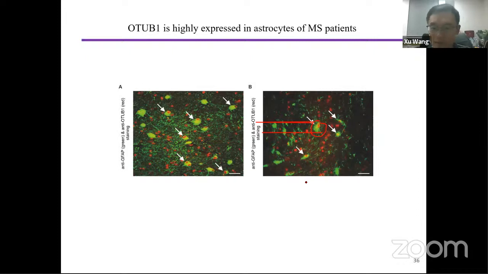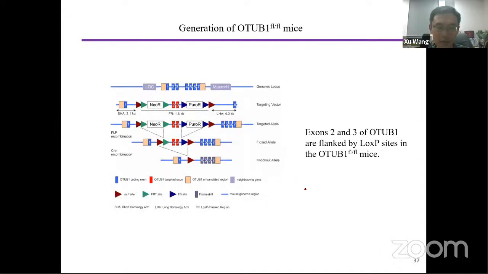To study the function of OTUB1 in multiple sclerosis, we will use animal models because we cannot do experiments directly on humans. To study the function of OTUB1, we want to generate the OTUB1 deficient or knockout mouse.